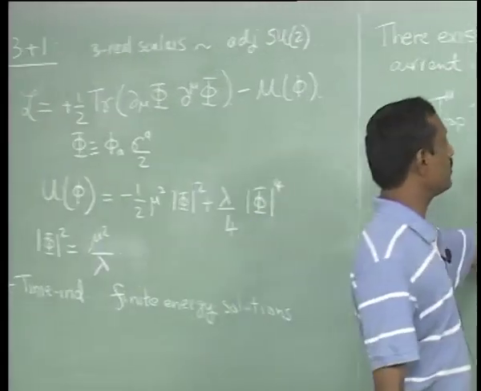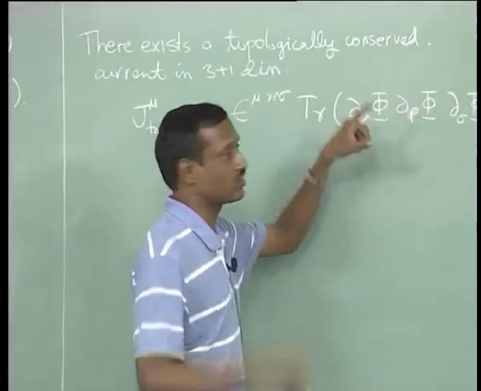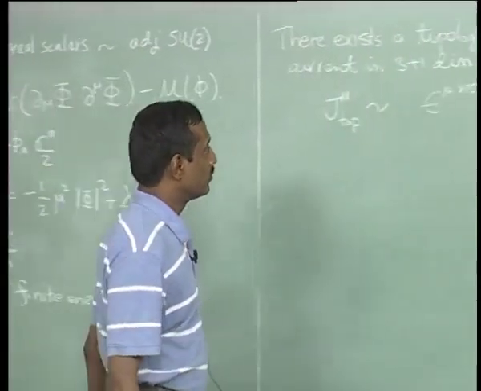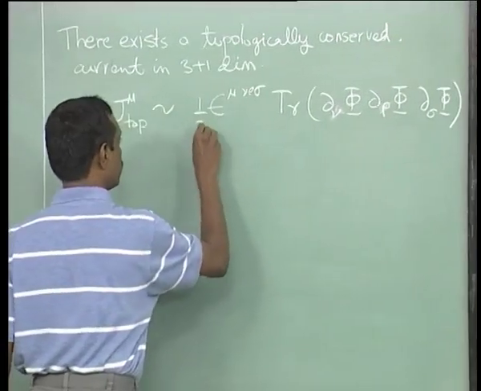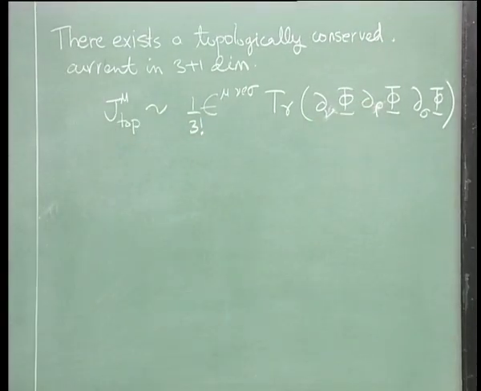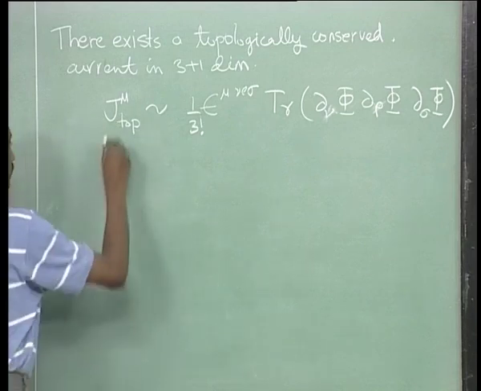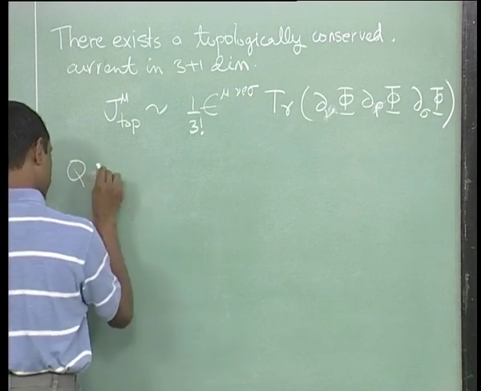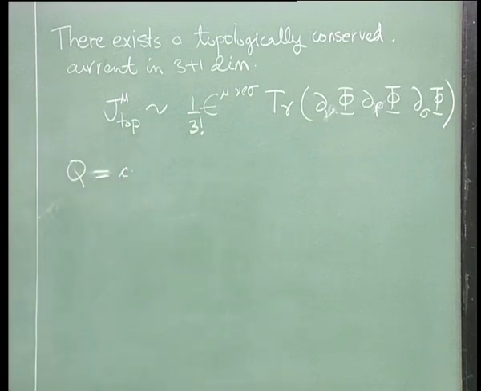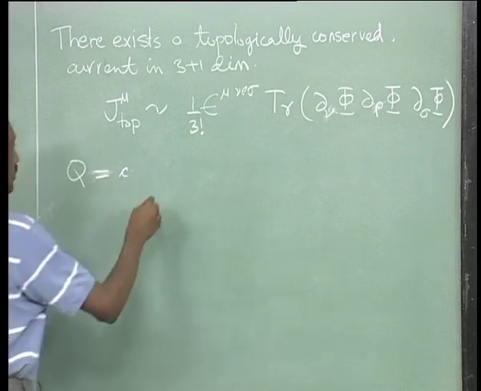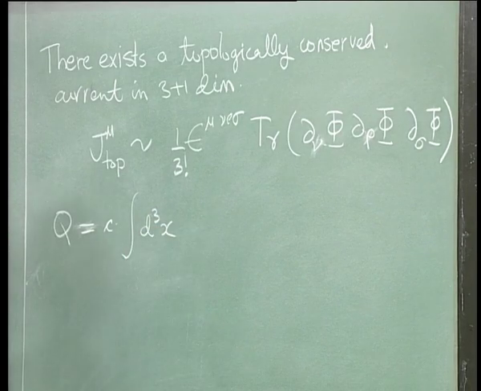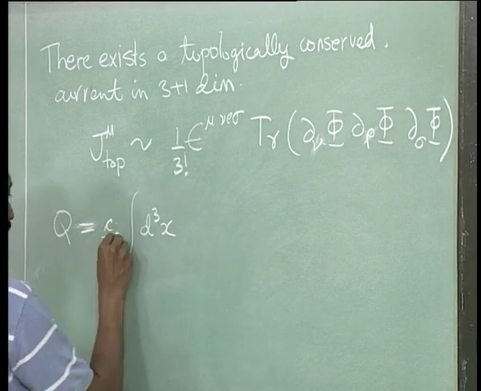And because of the antisymmetry between these things, I could even write this thing as a commutator of these two guys, with a half or whatever. So let us even do that. Let us put a 3 factorial here to take care of certain combinatorics, and so we can define J0, so there will be a Q which I will define with some constant which we will fix in a moment, times integral d cubed x over all space, and put mu equal to 0, it becomes just epsilon ijk.